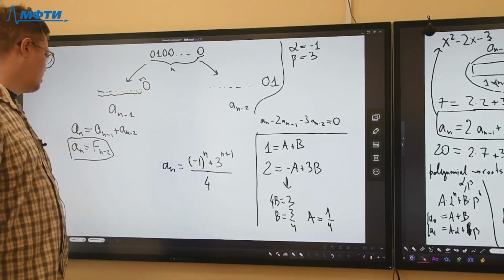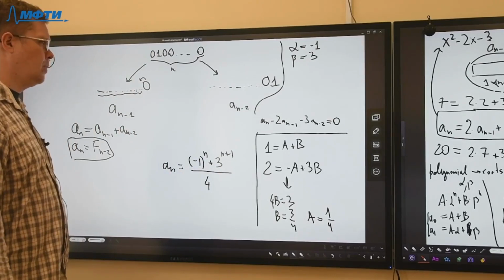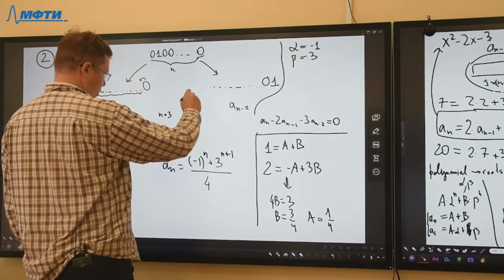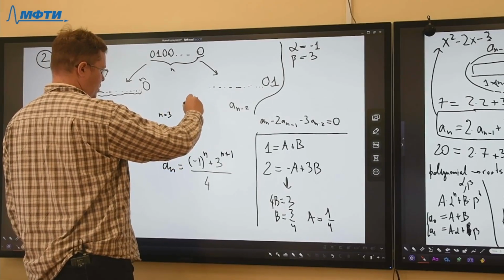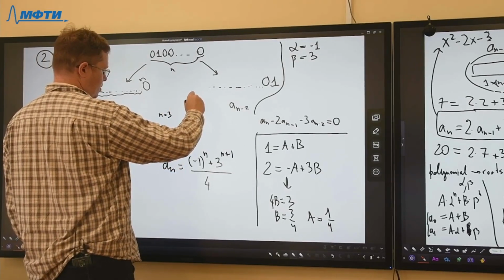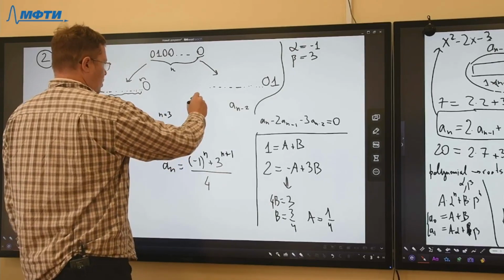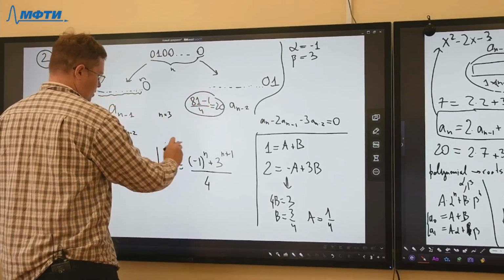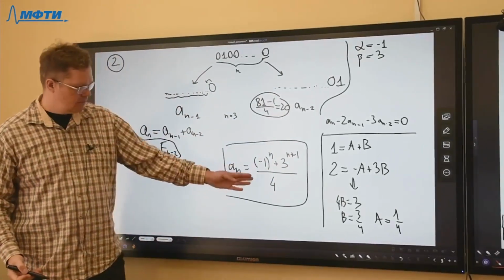Is this correct? For example, if n equal to 3, then we'll have 81 minus 1 over 4, which is 20. Yeah, I think this is correct. So the answer is on the board.